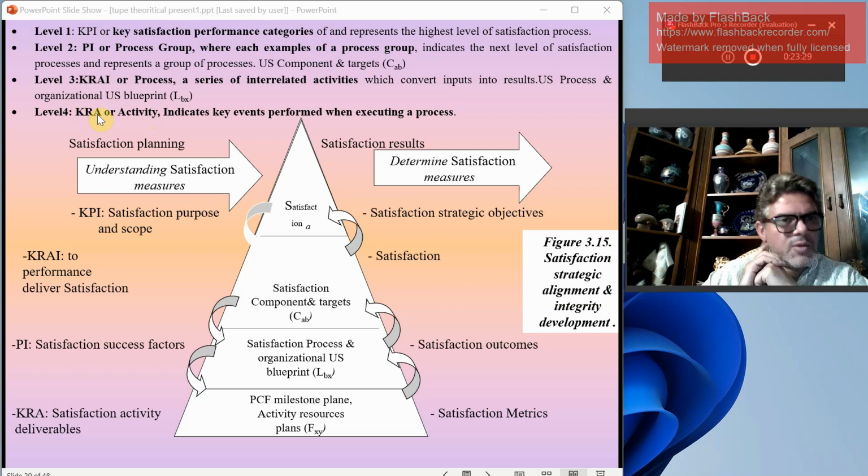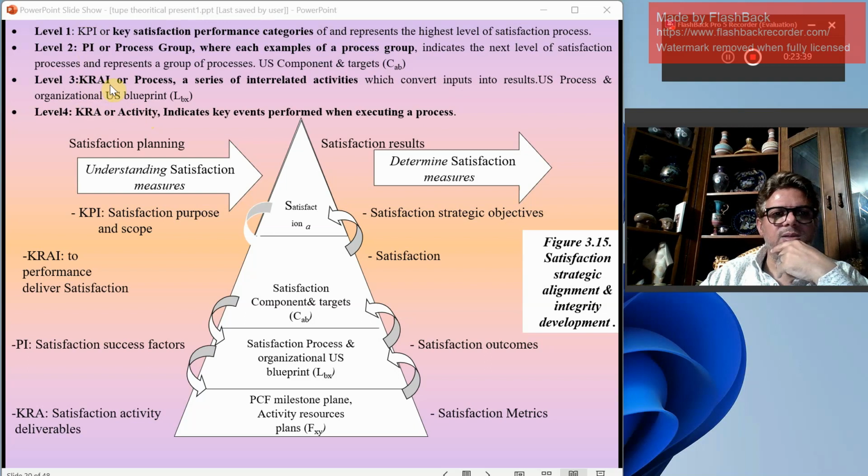processes. Okay. So now we talked about key performance evaluation, key performance indicator, key result area indicator, key result area. Now let's talk about this one. This is the beauty about this, that it connects the planning with the results.